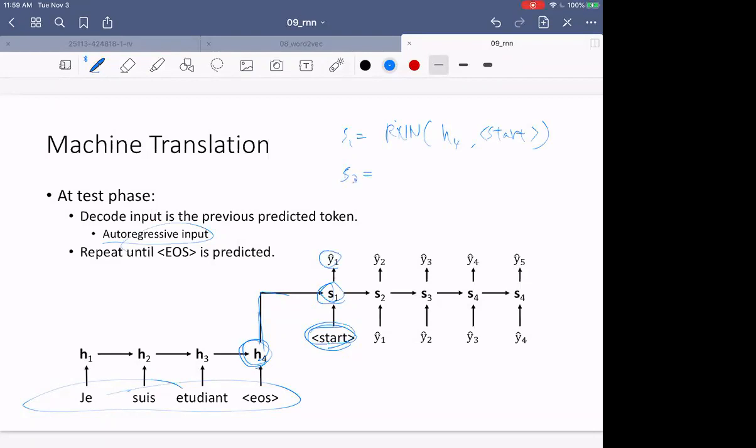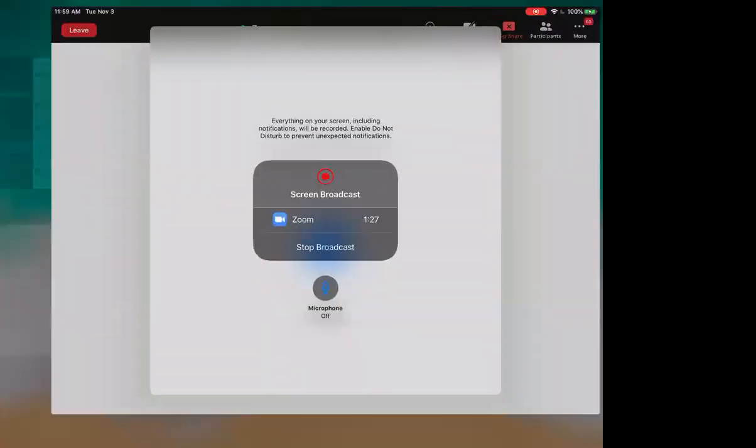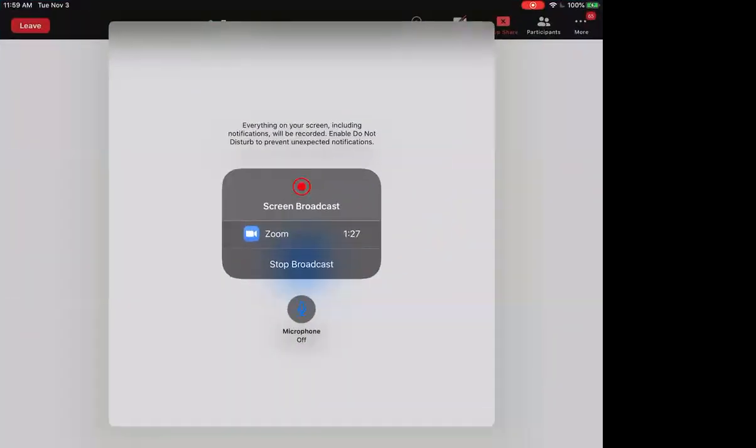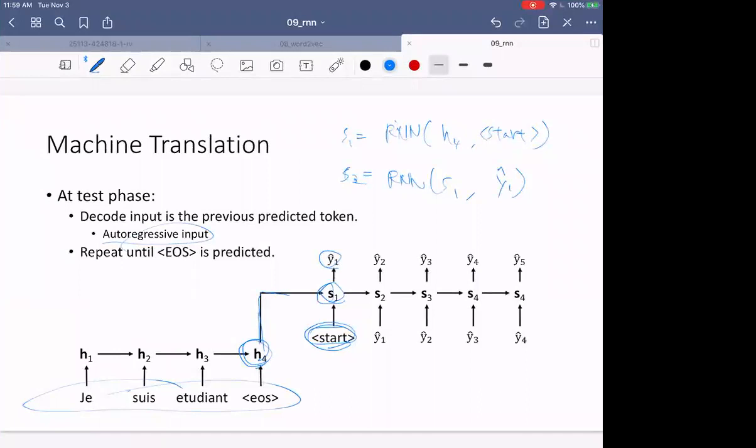Then S2 becomes RNN of S1, comma, Y1 hat. Given S1 and Y1 hat, you derive S2, and then you put the softmax on top of it and predict Y2 hat, and then you do this again. Repeat this process until you see EOS.